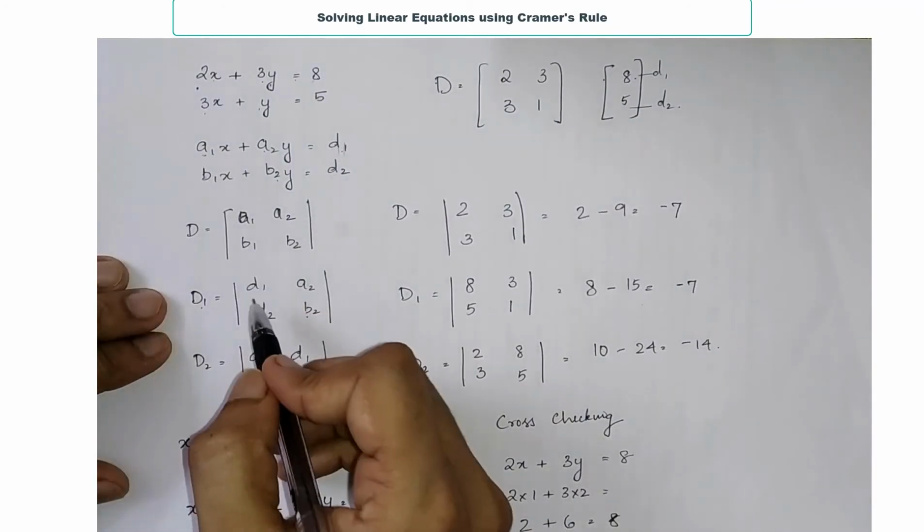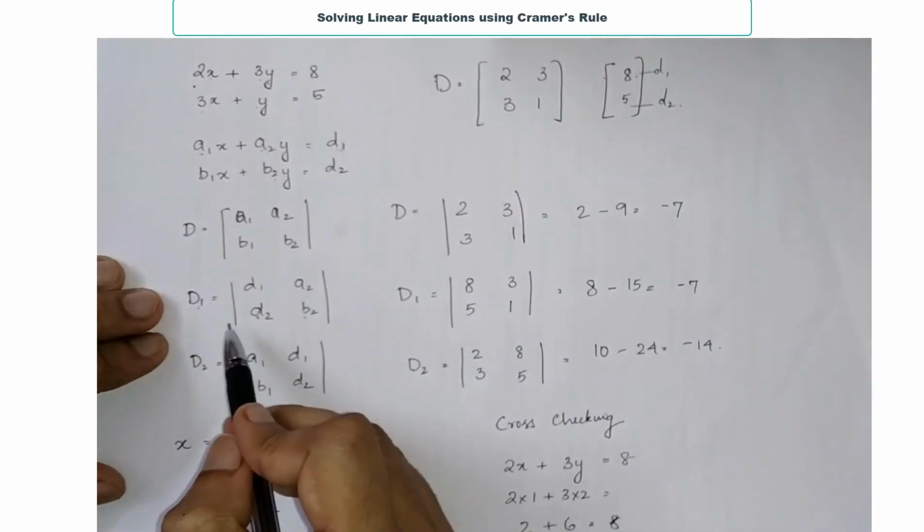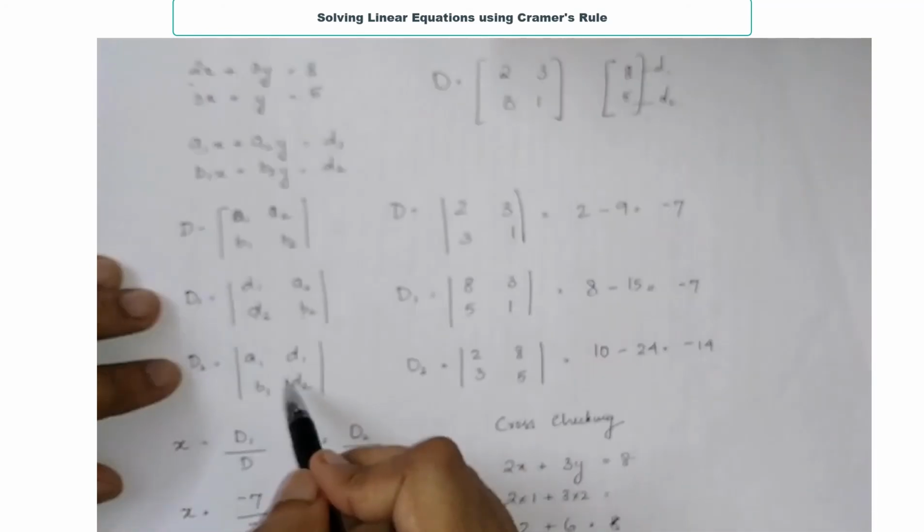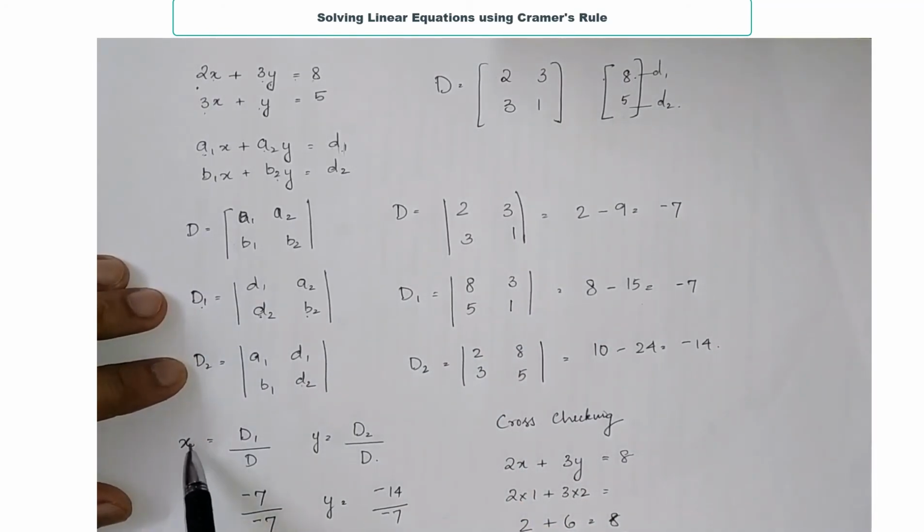Then we replaced the first column with d1 and d2 to get D1. For D2, we replaced the second column with d1 and d2. Now we find the solution: x is equal to D1 by D, y is equal to D2 by D. When you solve this, you get x is equal to 1 and y is equal to 2.